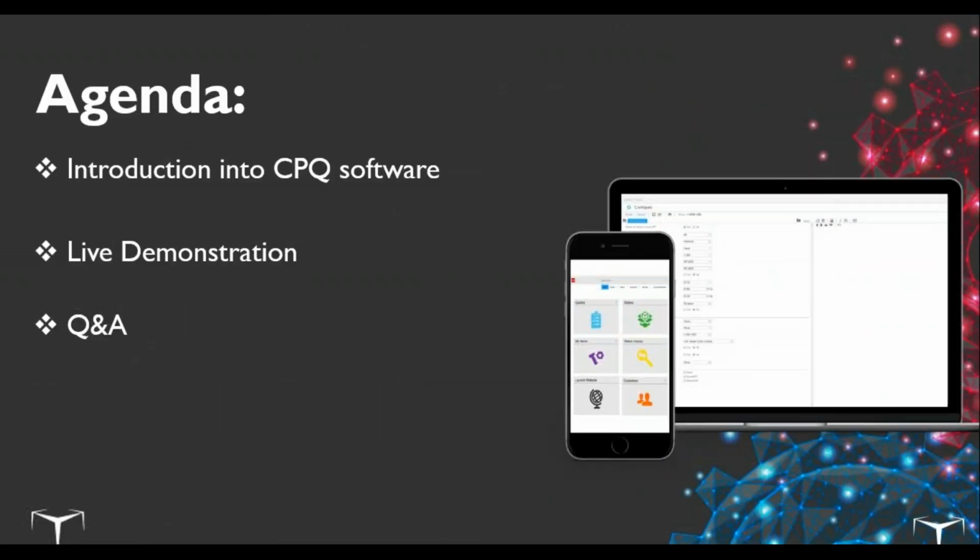For the agenda today, I'm going to run through a few slides, giving you some background on the Configure Price Quote tool and what it will do for your organization, and the background RenaissanceTech has in implementing some of the services we offer. Then we'll jump into the actual enterprise quoting tool, run through some different products, and show you the breadth of the tool.